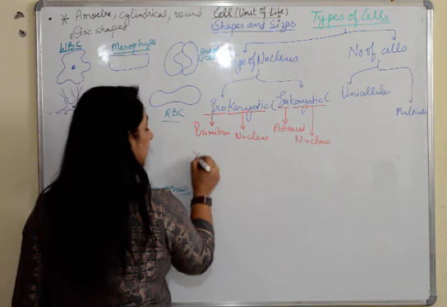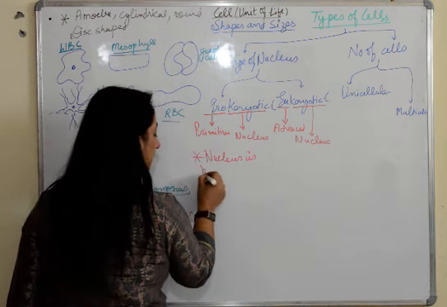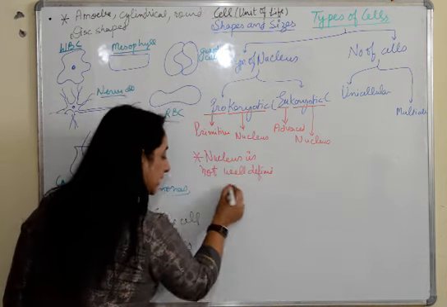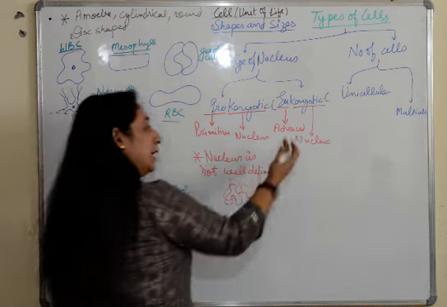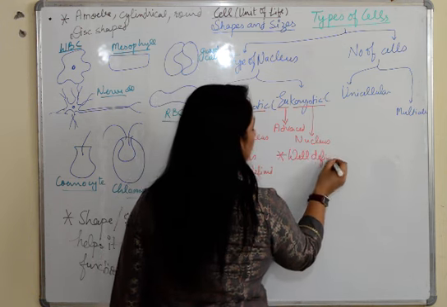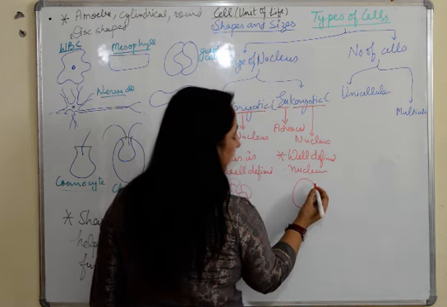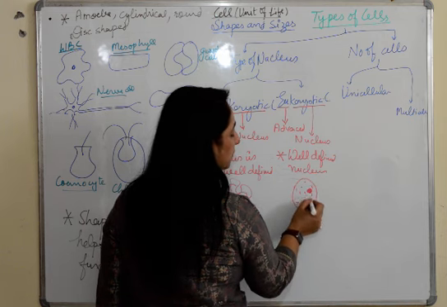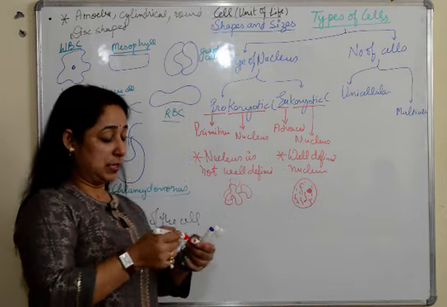In prokaryotic cells, the nucleus is not well defined. That means it's just a structure without any covering, the genetic material, whereas in eukaryotic it is well defined. It has a well defined nucleus wherein there is a nuclear membrane outside which is double membrane, there is a nucleolus present, there is nucleoplasm present, and chromatin fibers as well. So it has a defined nucleus.